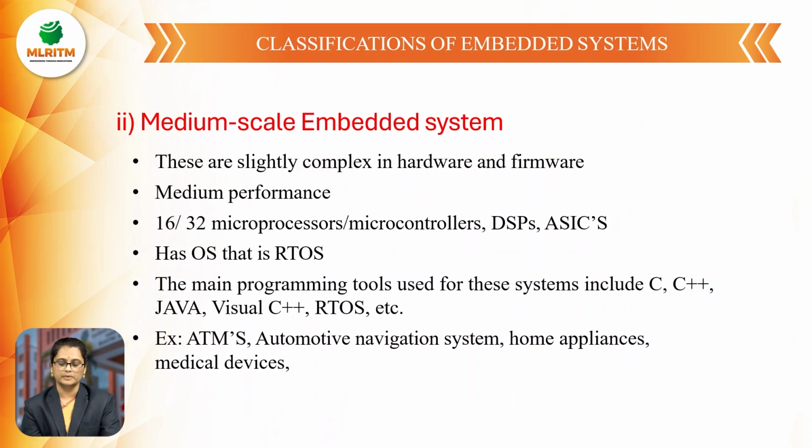And then coming to the medium scale embedded system, these are slightly complex in hardware and software compared to the small scale embedded system, and it gives medium performance and uses 16-bit microprocessors and 32-bit microcontrollers, and also DSPs and ASICs, and it has the OS, that is real-time operating system.